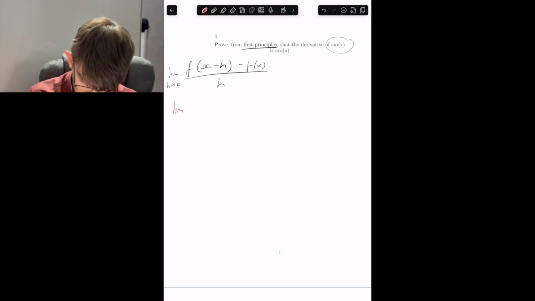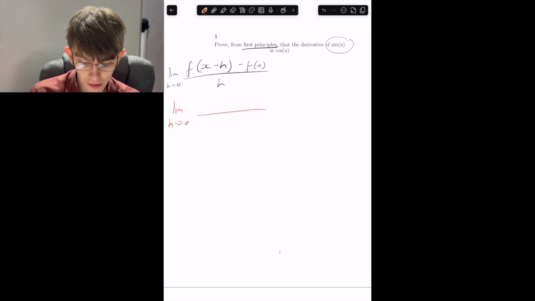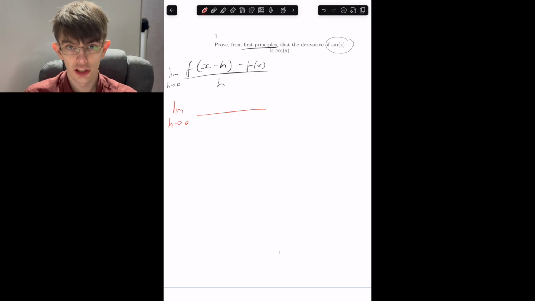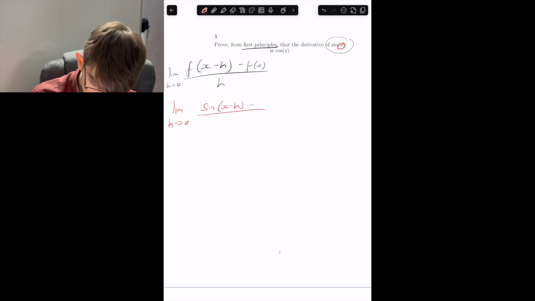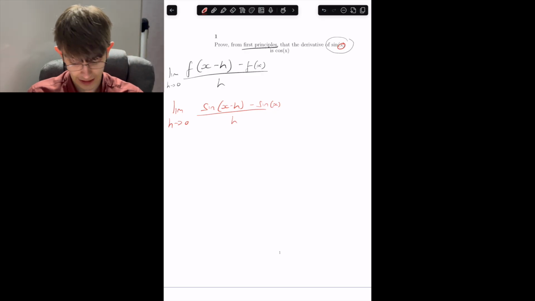So I'm going to keep my limit as h tends to 0 there. Always want to keep that there until I've finished because that is the correct notation. And my f of x minus h means this argument within sine, this x, is changing to x minus h minus f of x, which is sine of x, all divided by h.